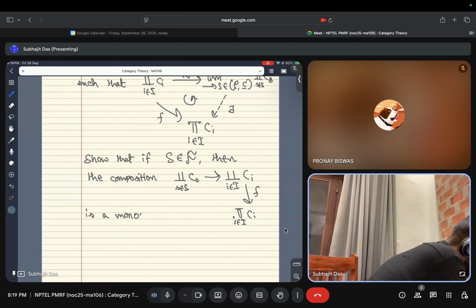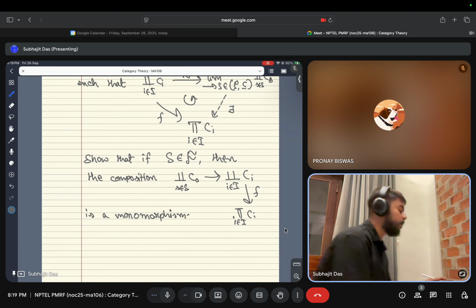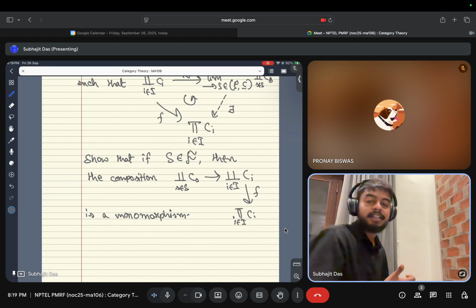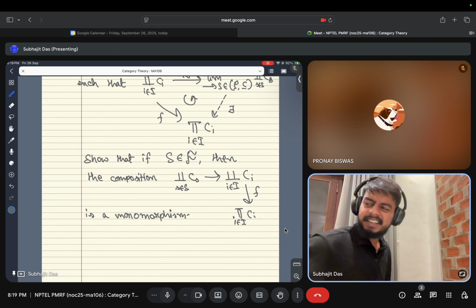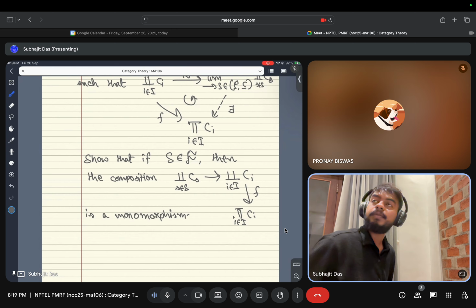The interesting thing is that now that we are reduced to dealing with finite coproducts, you can treat them as finite products as well. You can do a lot of things here, and actually you can prove that this is a monomorphism. That would be easier to show.